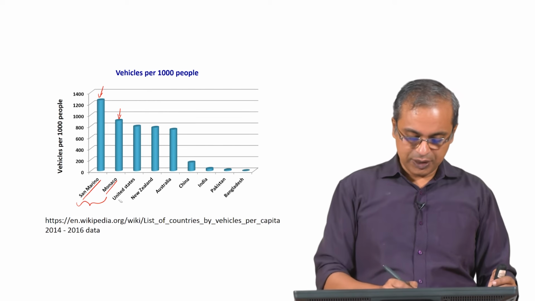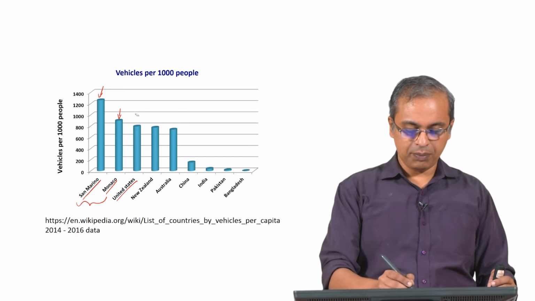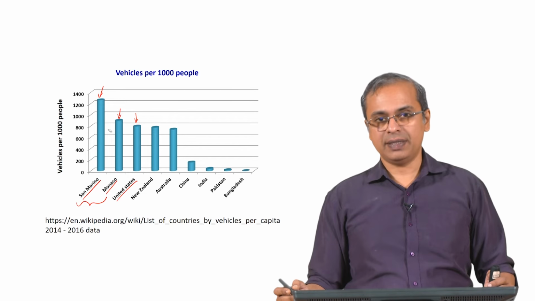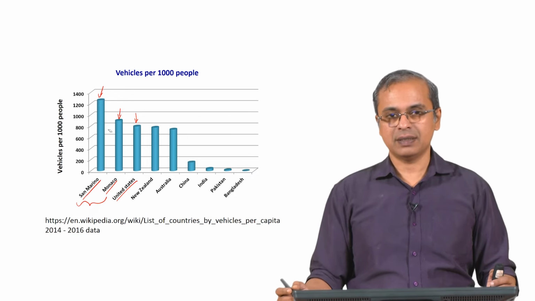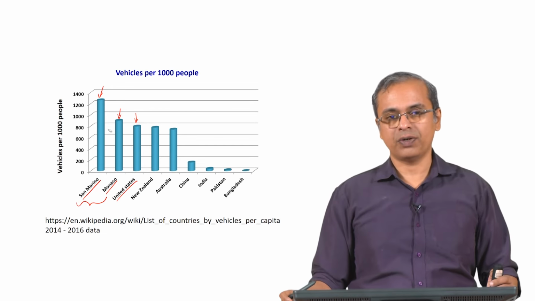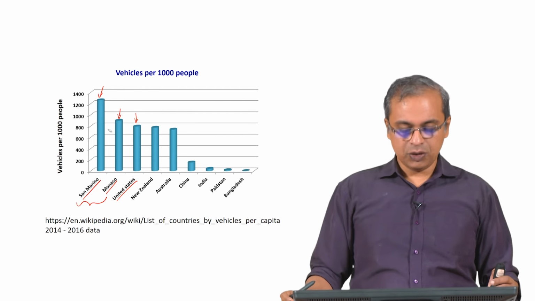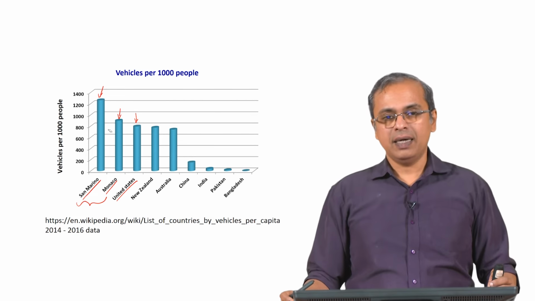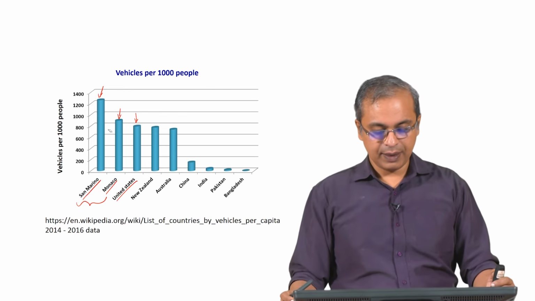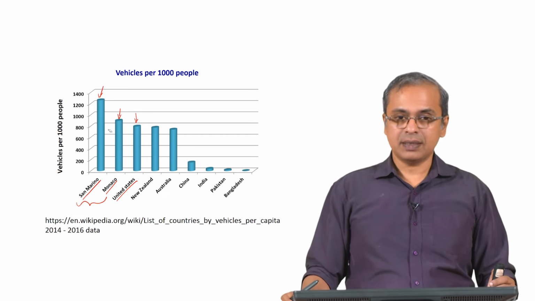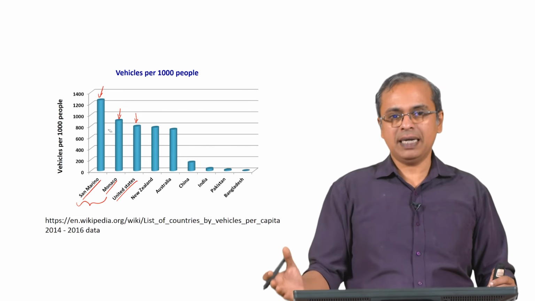Amongst the larger countries, you see the United States leading in the number of vehicles for every 1,000 people. So, you have over 750 vehicles or of that order for every 1,000 people. This basically means that every household definitely has a vehicle.